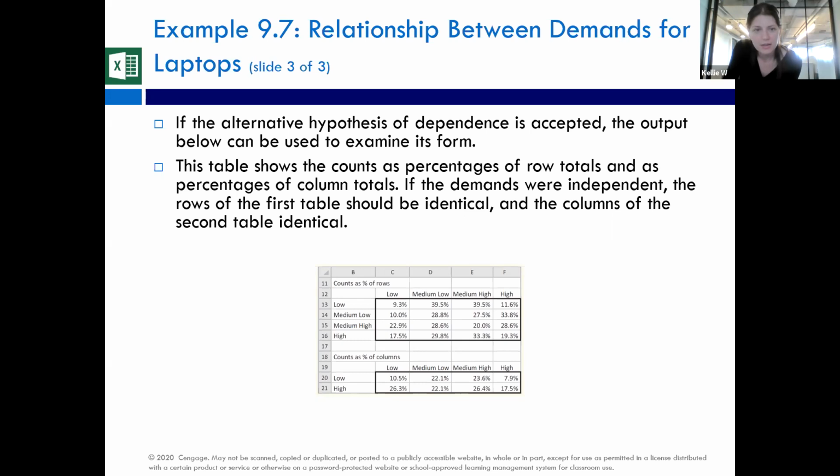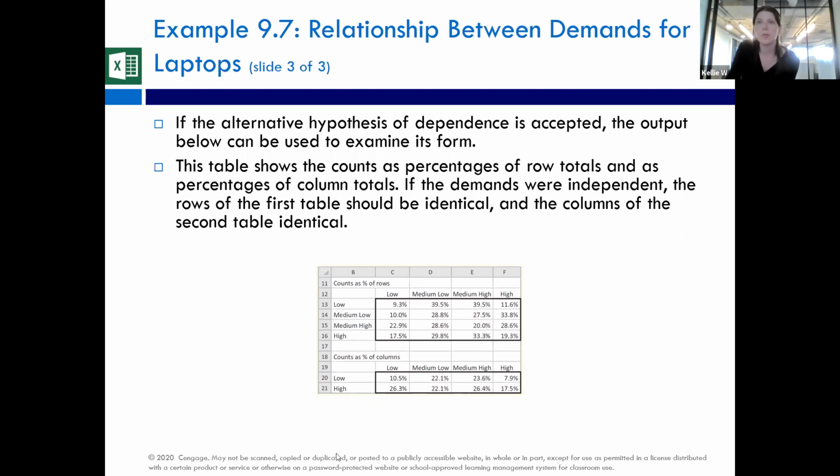If we look at these percentages a little more closely, each row in the first table shows the distribution of Windows demand for a given category of Mac demand, and each column in the second table shows the distribution of Mac demand for a given category of Windows demand.